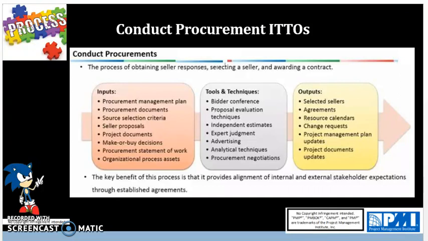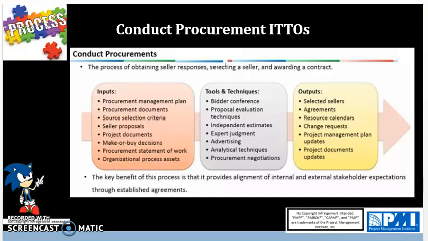Then you have project management plan updates to the cost baseline, scope baseline, schedule baseline, communications management plan, and procurement management plan. So you're updating cost baseline in case you have more estimates to take into consideration. Then updates the scope baseline to incorporate any scope changes that the supplier or vendor may bring in.